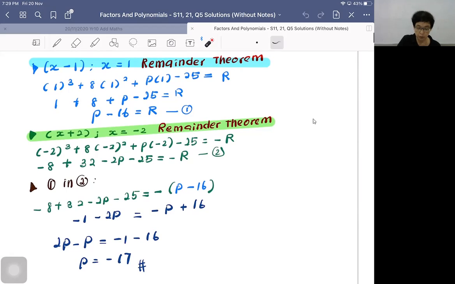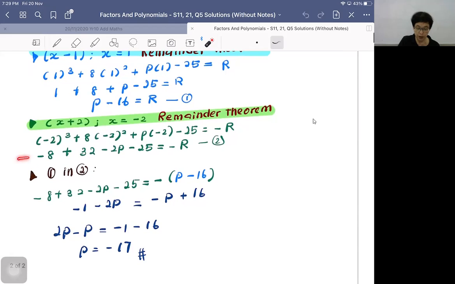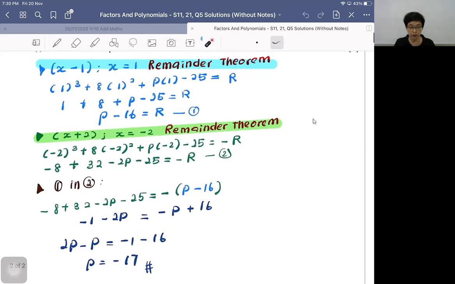So simplify into p minus 16 equals r. And after what we have simplified here, we get negative 8 plus 32 minus 2p minus 25 equals negative r.